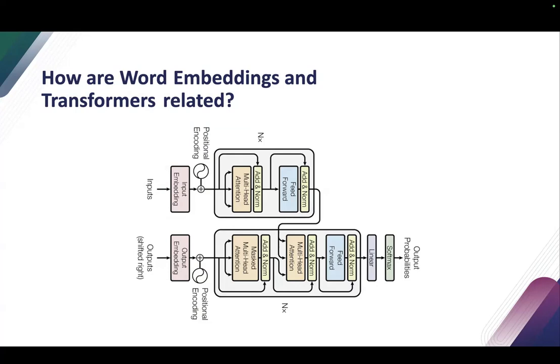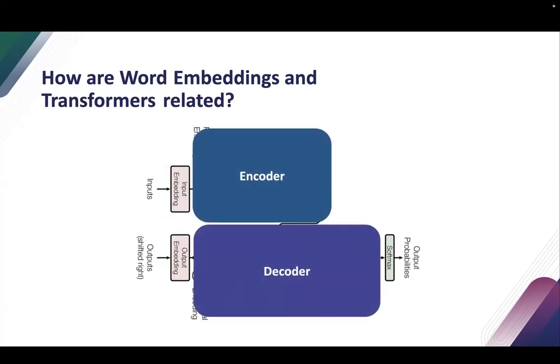Okay. So what's the relationship between embeddings and transformers? What I did here is I took the architecture and I just flipped it to the side. For the next couple of slides, we're going to simplify the architecture. Let's just say that we have an encoder part and a decoder part, just like with an autoencoder.